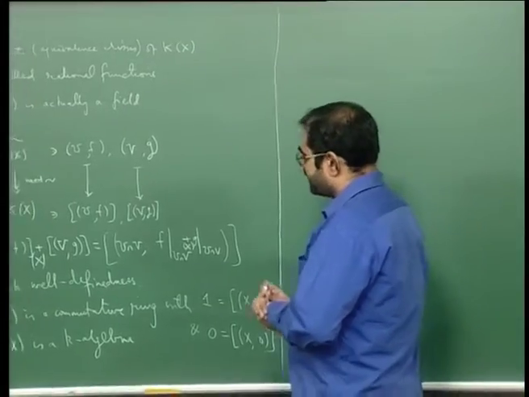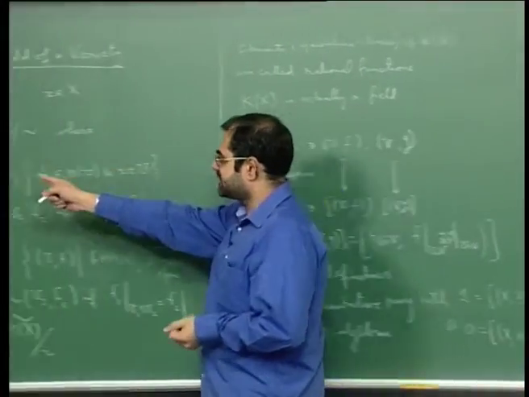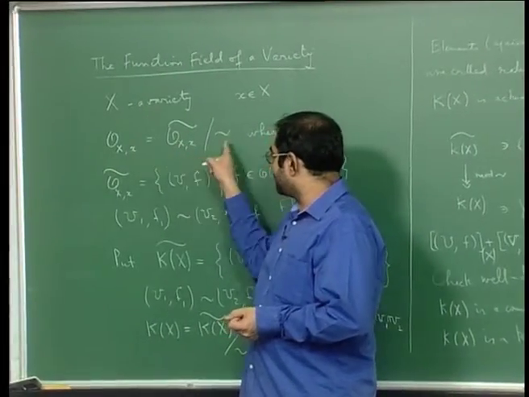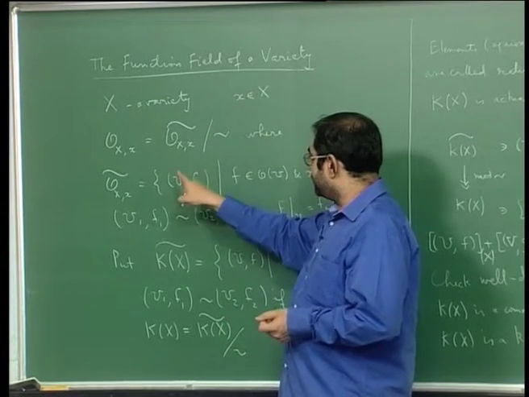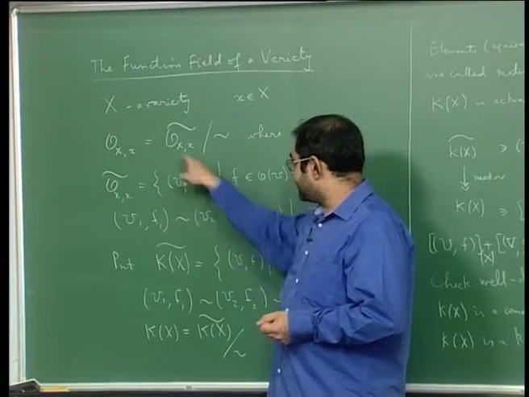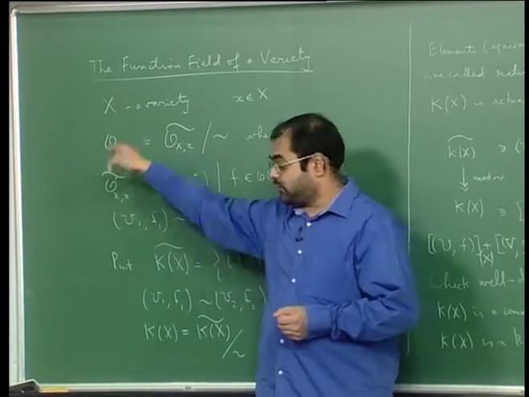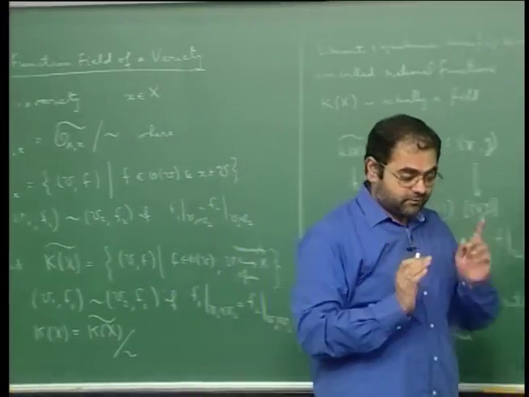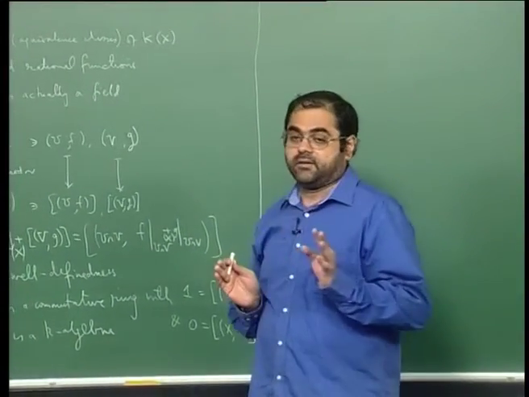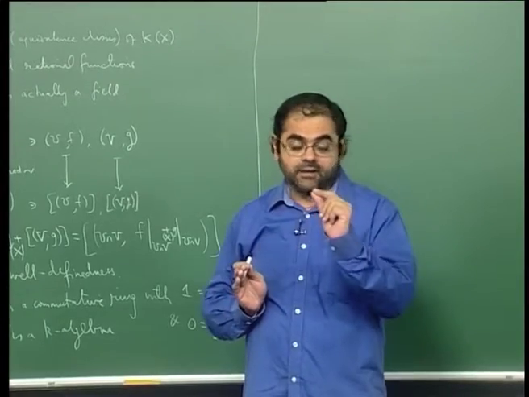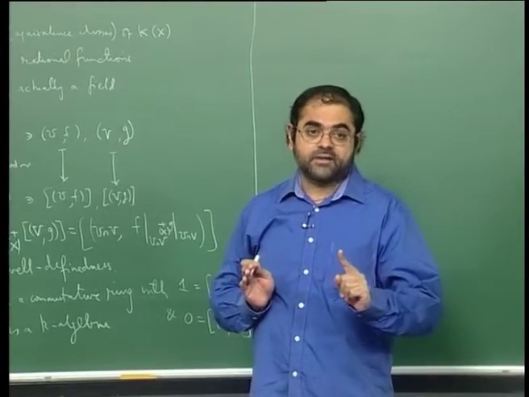Now the point is the following. In the earlier case, if you took open neighbourhoods of a point and defined this equivalence, then mod this equivalence you got a local ring, a commutative ring which was also a small k algebra, but it had only one maximal ideal, and therefore it became a local ring.